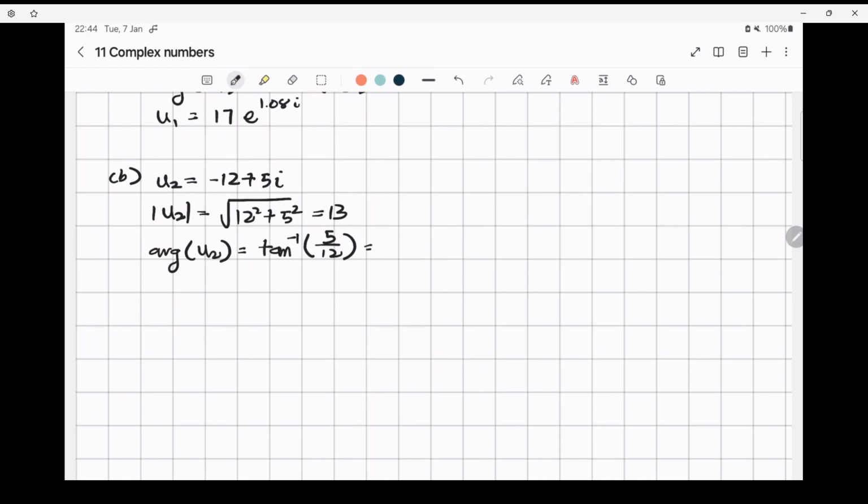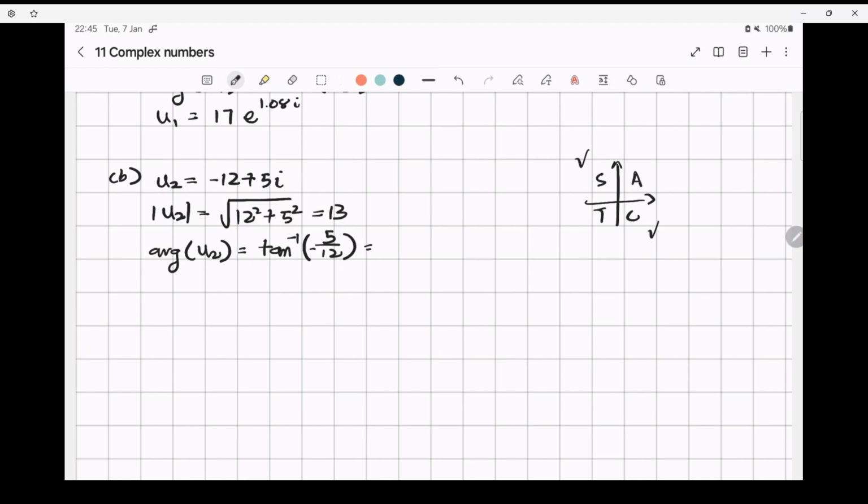So, okay, in this case, because your 12 has a minus sign, let's put the minus sign in. So we know that the tangent is negative. So you have A, S, T, C. We know that tangent is negative when it is in the second quadrant and the fourth quadrant.